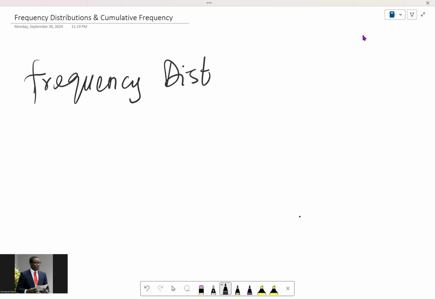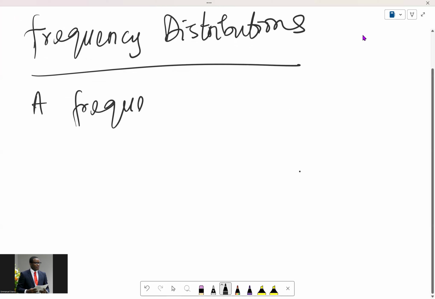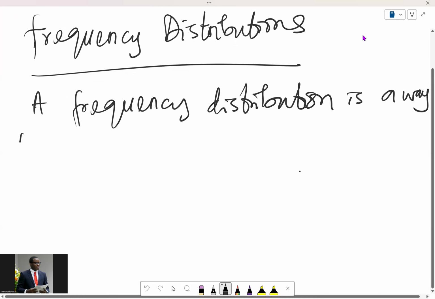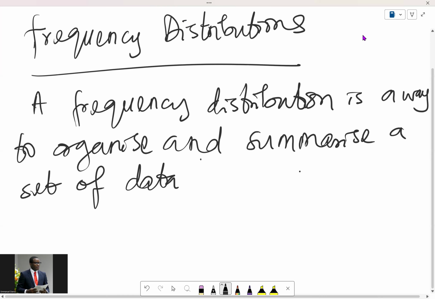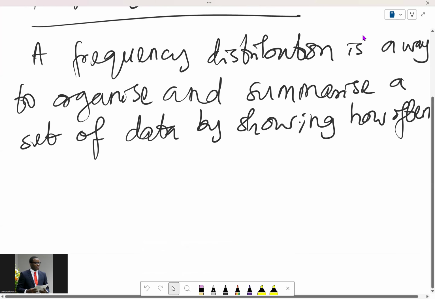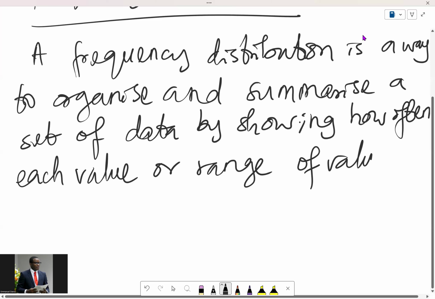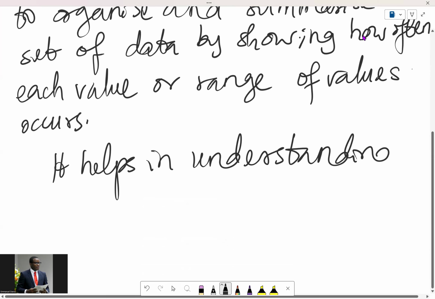First of all, frequency distributions. A frequency distribution is a way to organize and summarize a set of data by showing how often each value or range of values occurs.